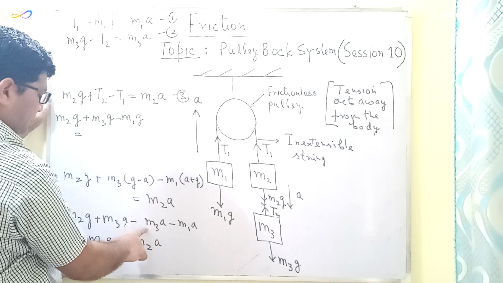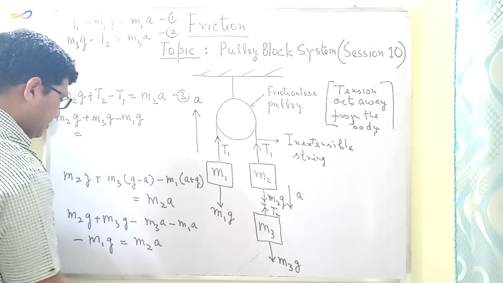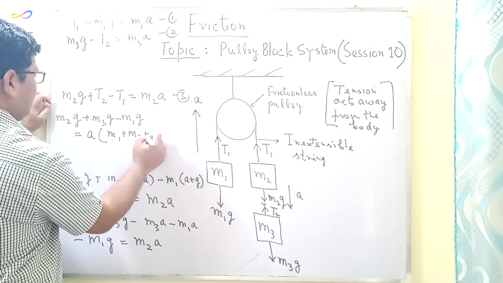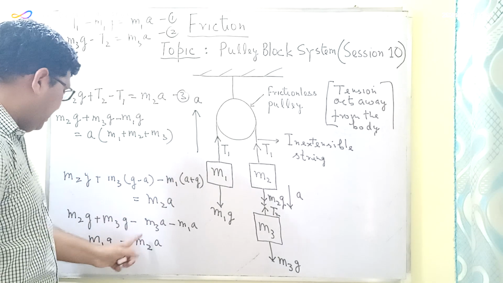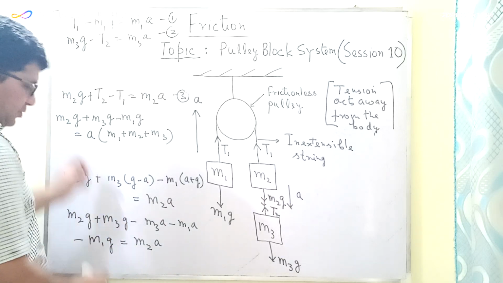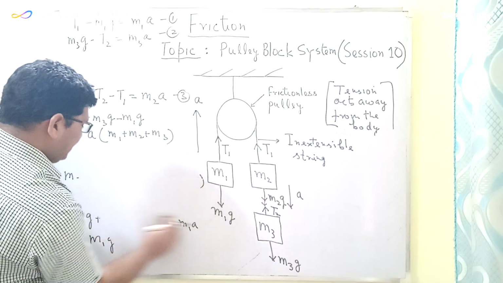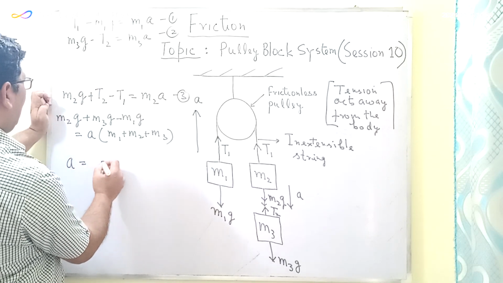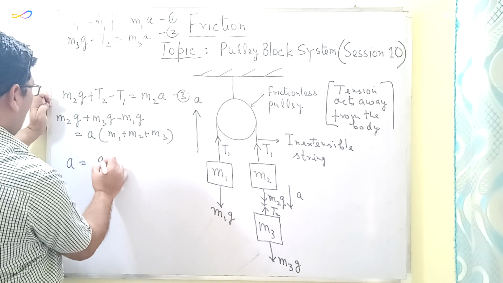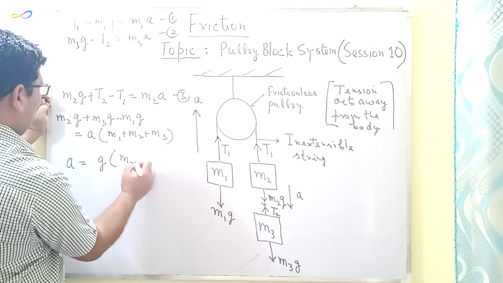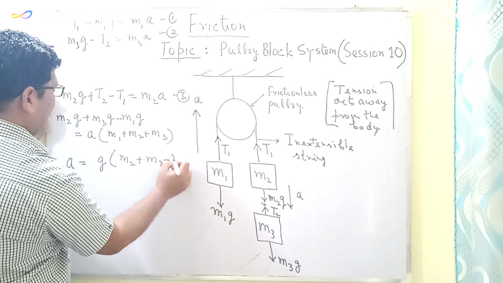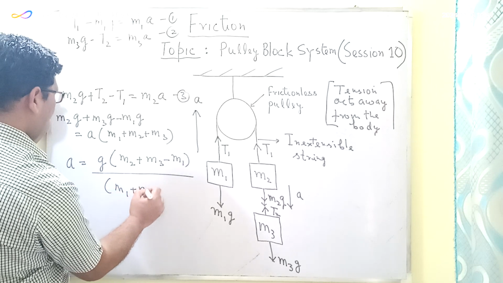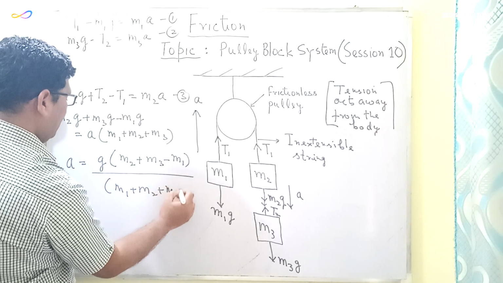I will be taking these terms on the right hand side of the equation. So a will be common, and finally I will be getting m1 plus m2 plus m3. So finally our answer is, the common acceleration a will be equal to, from here g is common, g times (m2 plus m3 minus m1) divided by (m1 plus m2 plus m3).